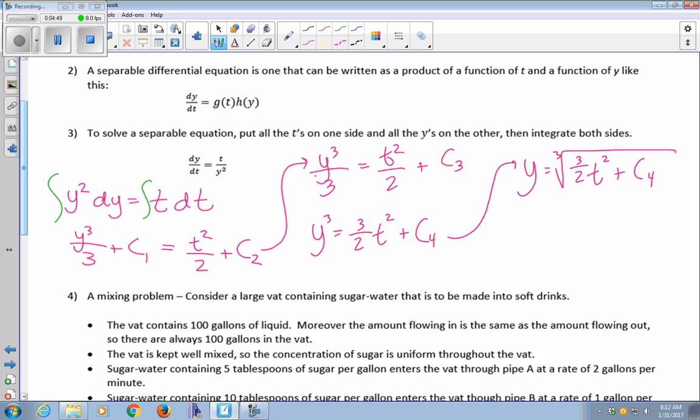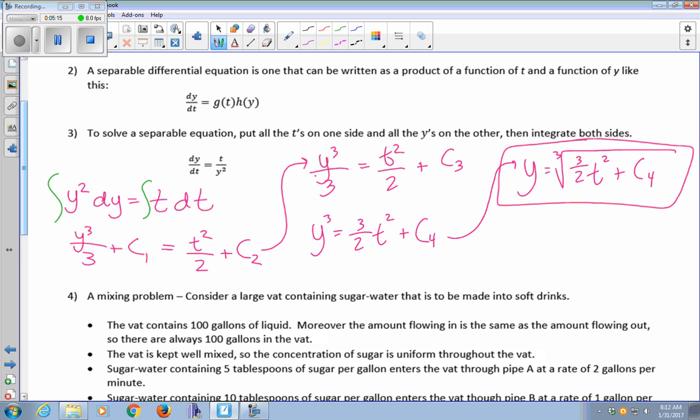Why can't I just say, well, let's call the cube root of C4 some new arbitrary constant? Call it C5. Say it's the cube root of 3 halves t squared plus C5. Because you can't take the cube root of each piece separately when it's addition, right? Just a little algebra review there. So this is my function, y, that satisfies this differential equation.